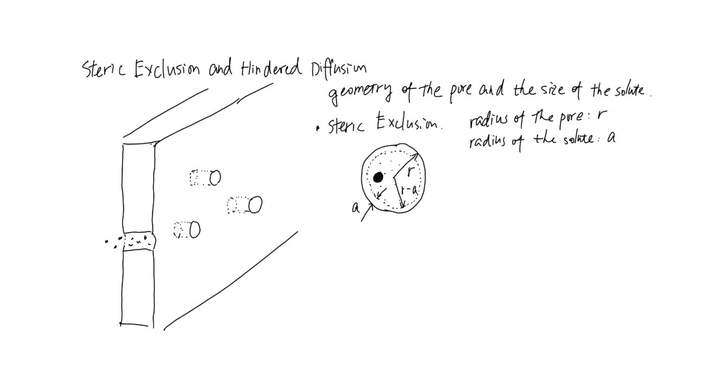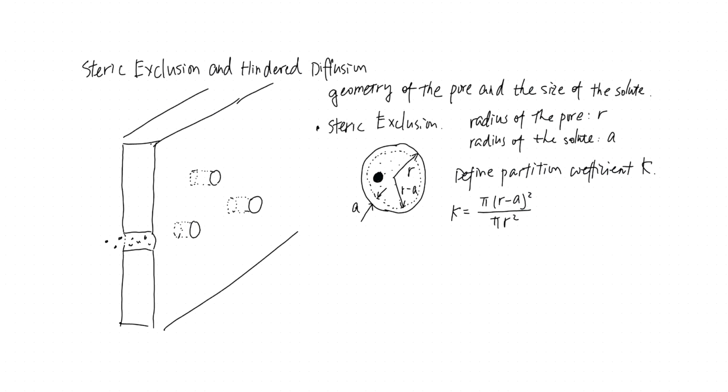So we define the partition coefficient, we call it K. K is defined by the available area for the solute, which is pi multiplied by (r minus a) squared, divided by the total cross-sectional area, which is pi r squared.